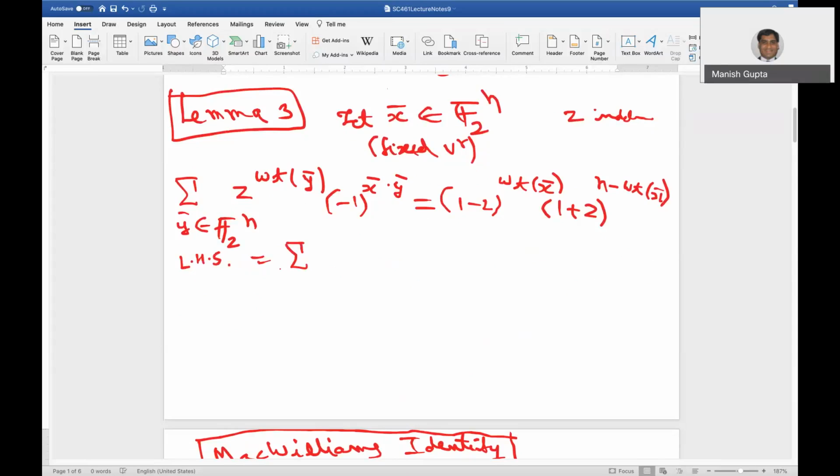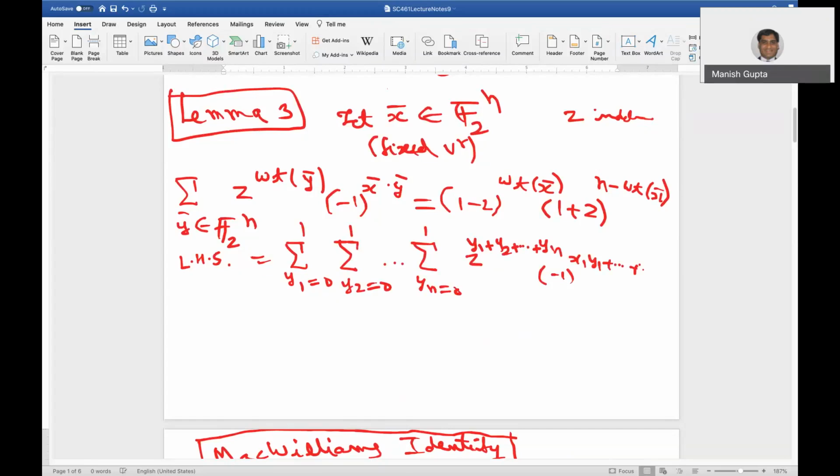So y I can write down as y1 y2 ... yn, and x I can write down as x1 x2 ... xn. Summation y1 is equal to 0 to 1, summation y2 is equal to 0 to 1, and so on, summation yn is equal to 0 to 1, of z raised to power y1 plus y2 plus ... yn times minus 1 raised to power x1 y1 plus ... xn yn. Why I have done this decomposition.